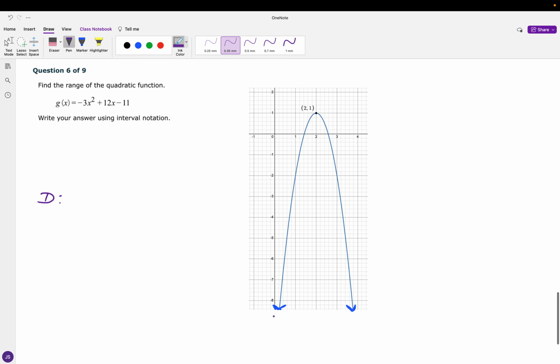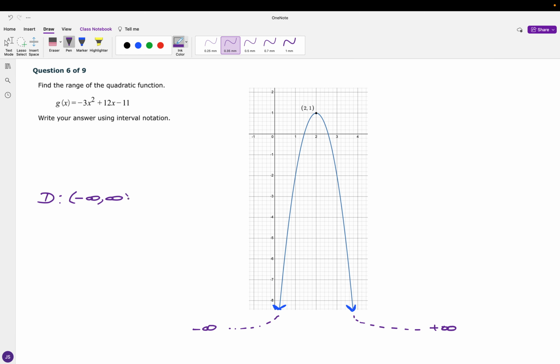For the domain, you have continuously to the left as well as continuously to the right. So the domain is the set of all real numbers.